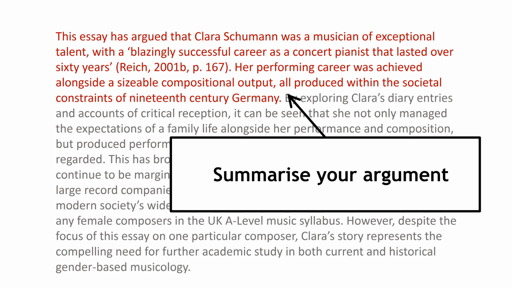What is the central line of thought that ties everything together in your essay? Here we can see that not only was Clara Schumann argued to be a musician of exceptional talent, but she achieved this within the societal constraints of the period, and this main argument is restated to the reader at the start of the conclusion.